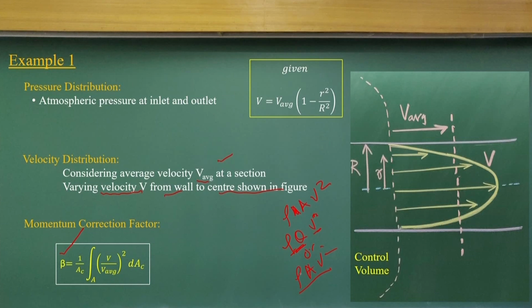Now, if rho is constant and does not vary, it will cancel out, and you will have V squared by V average squared over the area.